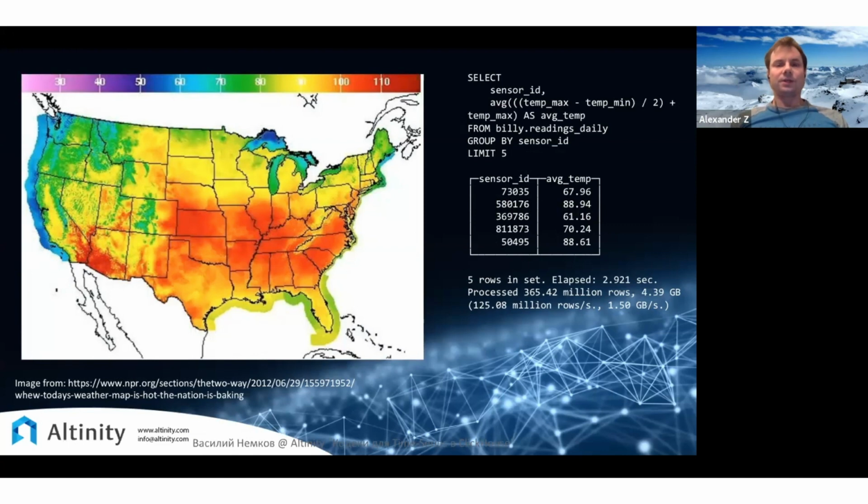So in 3 seconds, we could generate data to be used for a map like this one. I didn't draw this map, I found it on the internet, but if you use map tools like Tableau or Carto, you can display the data efficiently from our 500 billion row data set.